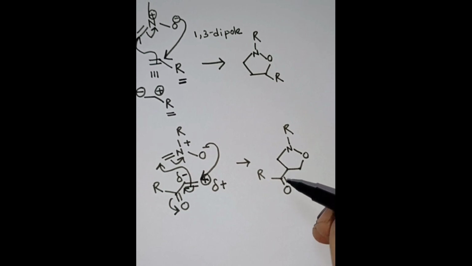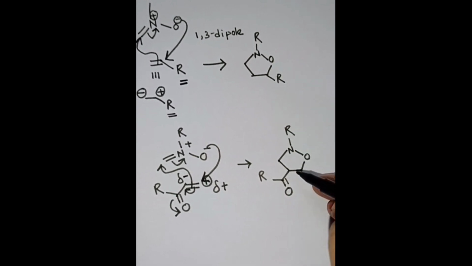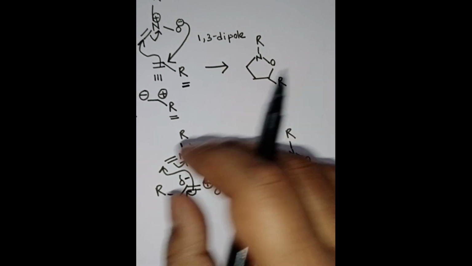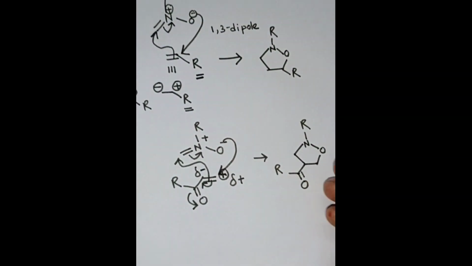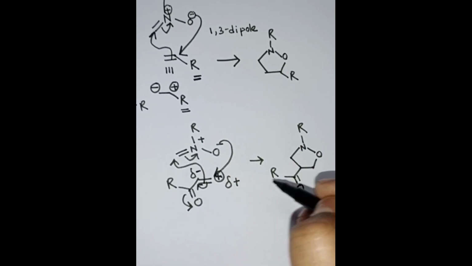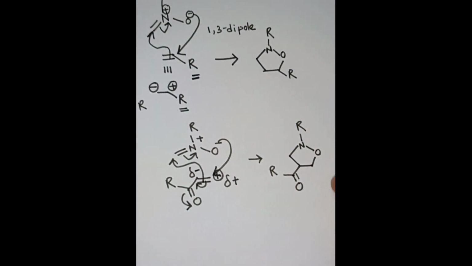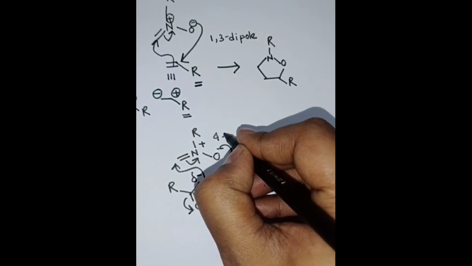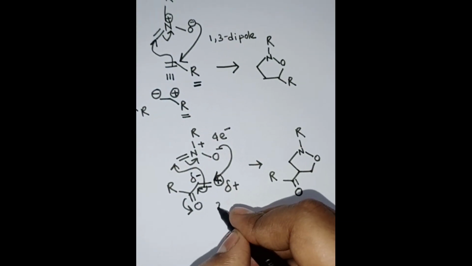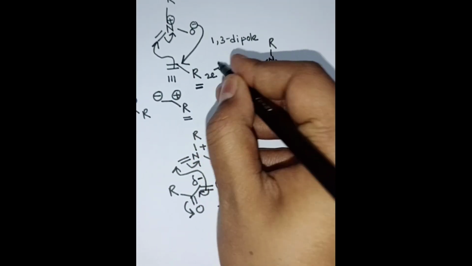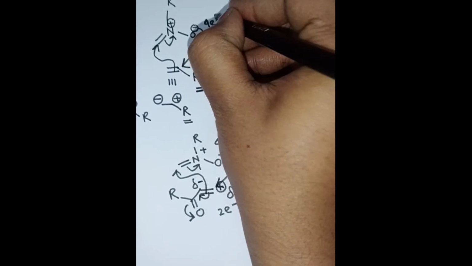So you can say in between these two, the position of the substituent is different. So by using this dipole and dipolarophile, you can get different types of products. And here this is a 4 electron component, and this is a 2 electron component. Here also this is a 2 electron component, and this is a 4 electron component.